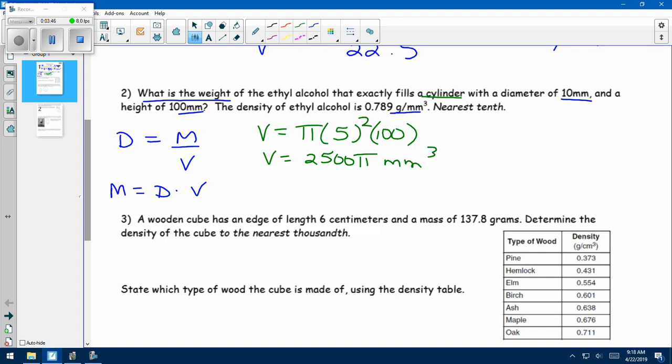And again, making sure we pay attention to those units each time, since the density is given in terms of cubic millimeters, we can multiply that density component of 0.789 grams per cubic millimeter by the volume that we just calculated, and in the end we should find that the weight is approximately, to the nearest tenth, 6,196.8 grams.